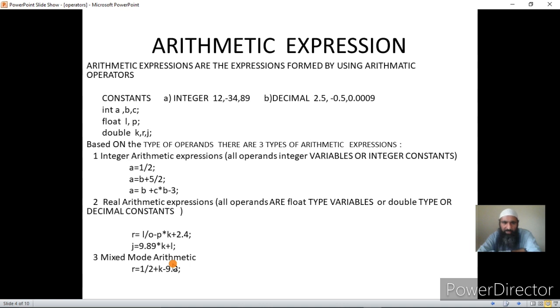And in a mixed mode expression, some of the variables can be integers and some can be float or double, and some constants can be integers and some can be decimal. So I hope this is clear now.